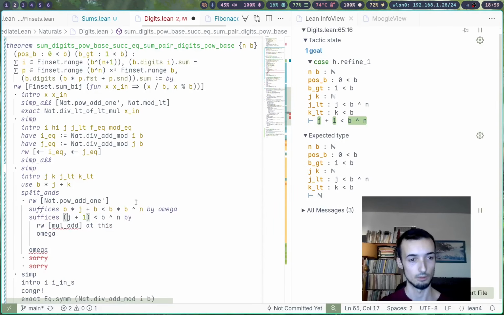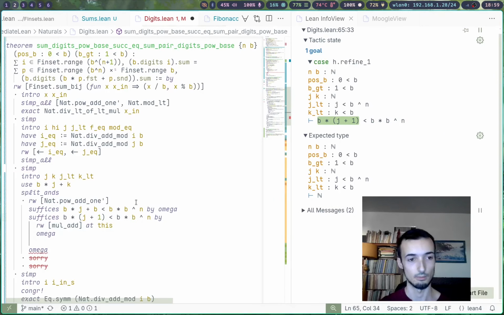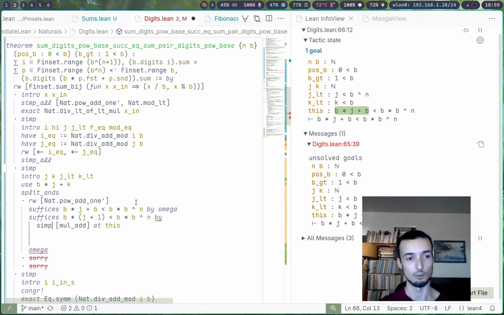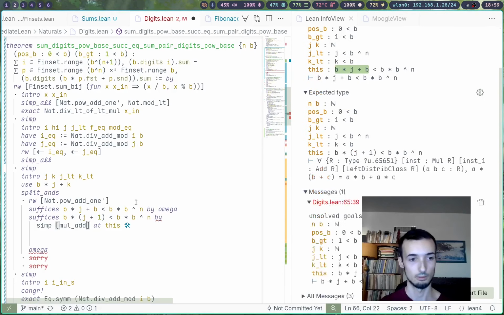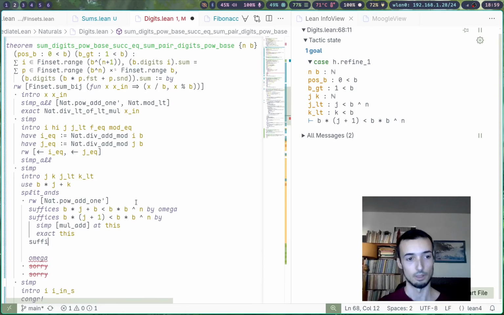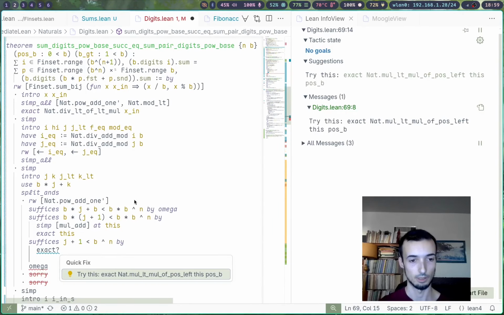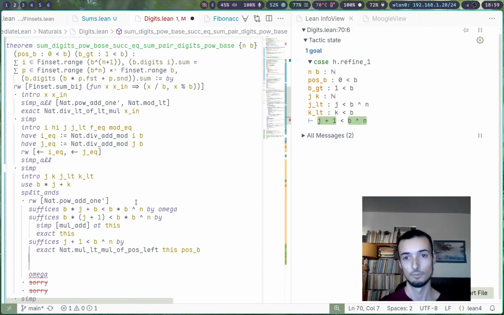I don't want the more complicated one. But then that doesn't work. Okay, we'll just use 2 suffices then. Sure, why not? This doesn't need omega. Wait, really? Okay, simp_arith maybe? Simp using this. Okay, fine. Suffices. This might be tricky because we don't have positivity, but I guess we do. Cool.